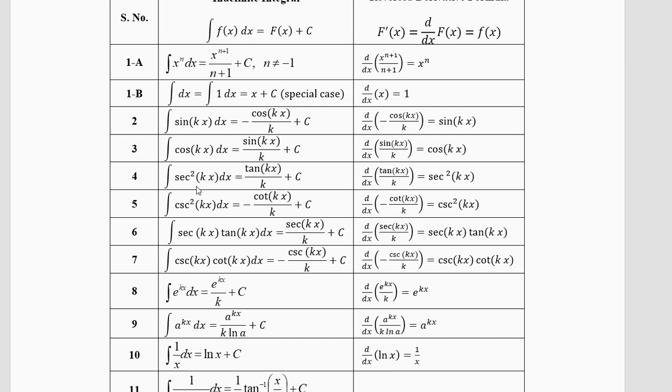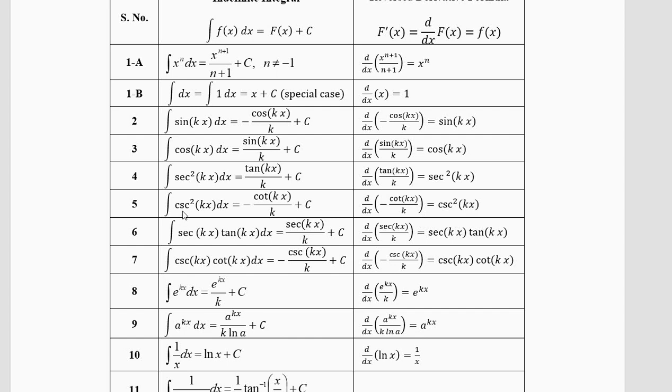Now integration of secant square kx is tangent kx over k. If you differentiate tangent, you get secant square kx multiplied with the derivative of kx, which is k, and that k will cancel. This cancellation I will not mention in all the other formulae. We have understood it, we have used it in the classes before, so it's not something new.